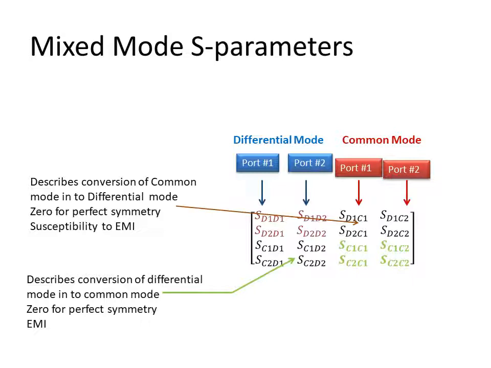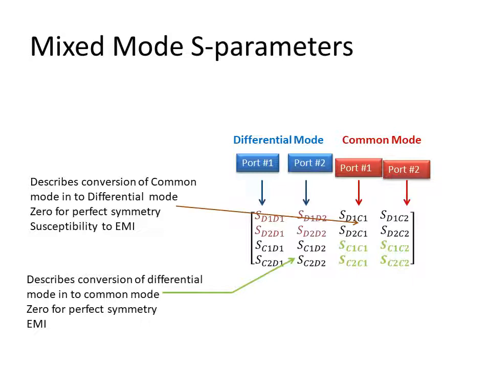In the case of perfect symmetry, this 2 cross 2 matrix is equal to 0, and if it is not 0, it has some value, because in most cases we have an asymmetric structure. So in the case of an asymmetric structure, this value is not 0, so it represents susceptibility to EMI. EMI is electromagnetic interference. How it is susceptible? That is basically the parameter.